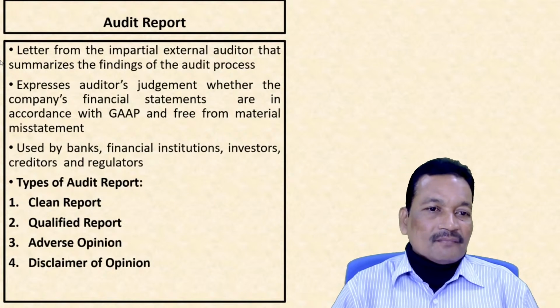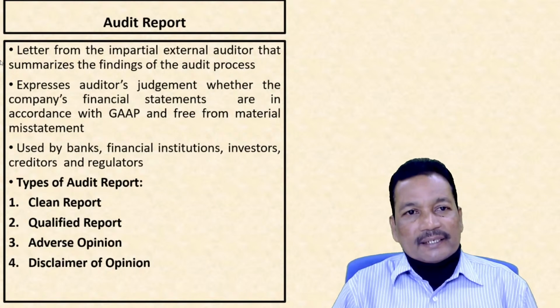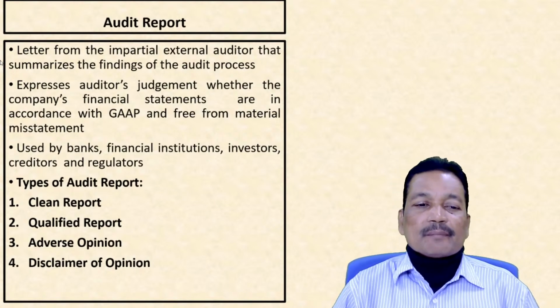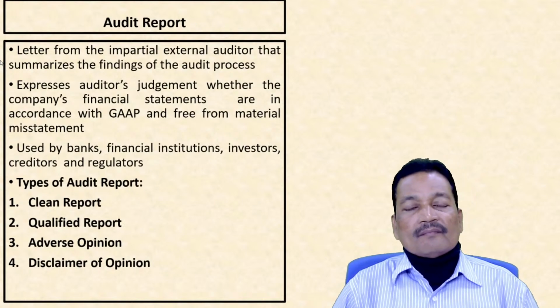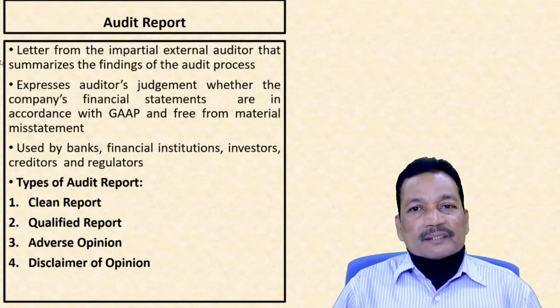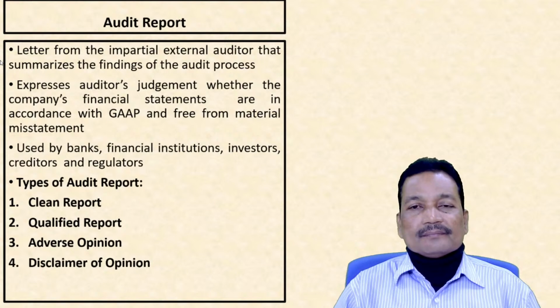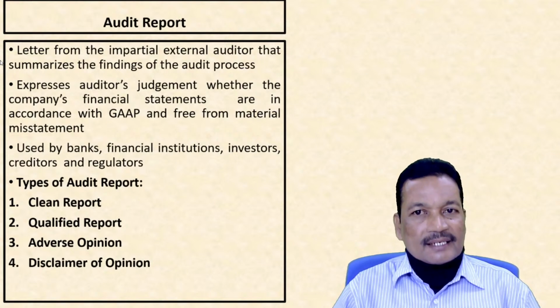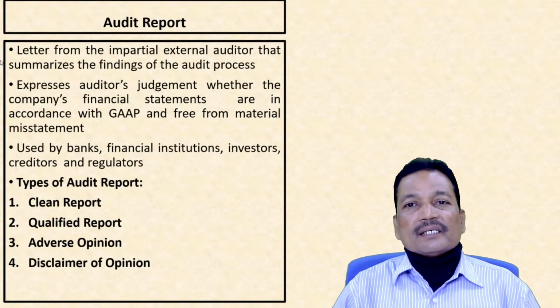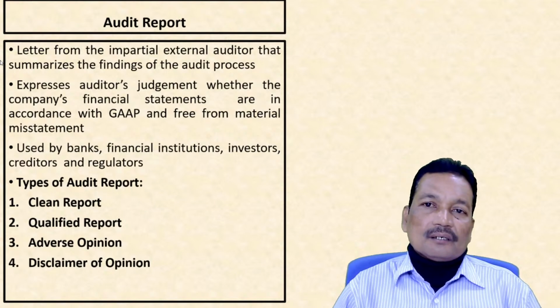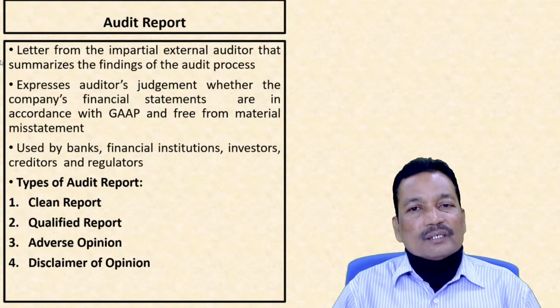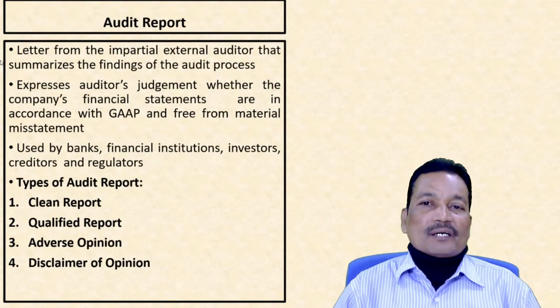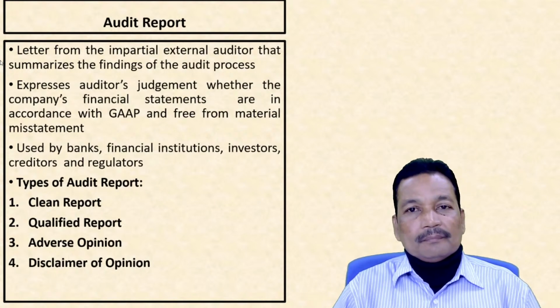And lastly, we can have a audit report which is disclaimer of opinion. Sometimes in order to assess whether the actual performance is meeting the set standards or not, the auditors try to search for informations which are not provided by the organization to them.